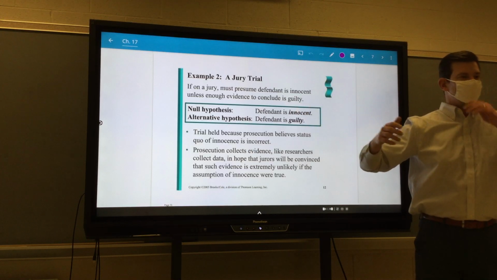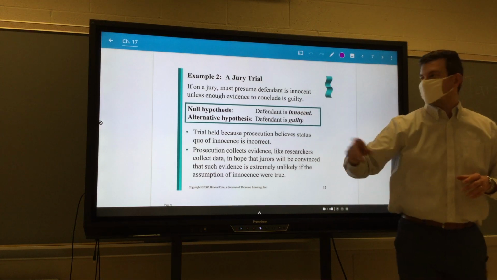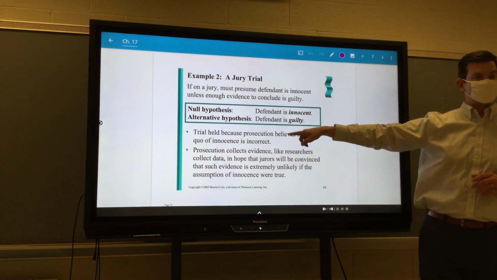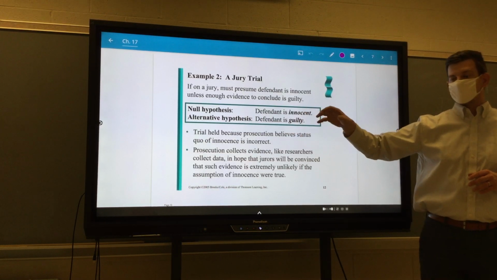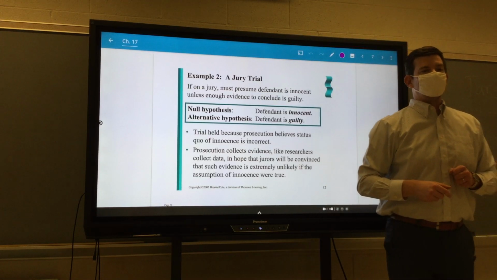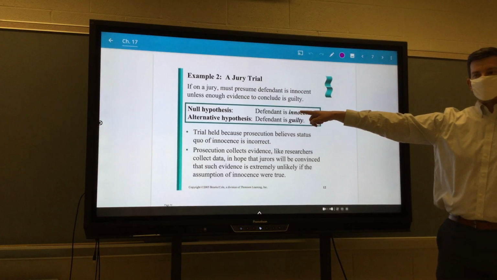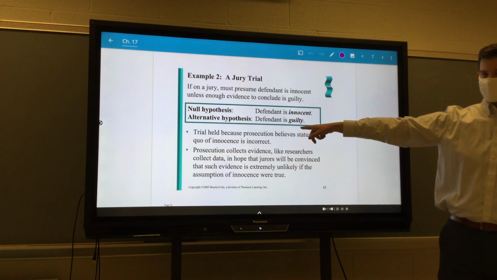The jury has to make a decision: they are either going to reject that presumption of innocence and say that the defendant is guilty, or they're going to say that we've seen all this evidence, it is not strong enough to be overwhelming to say that this person is guilty.